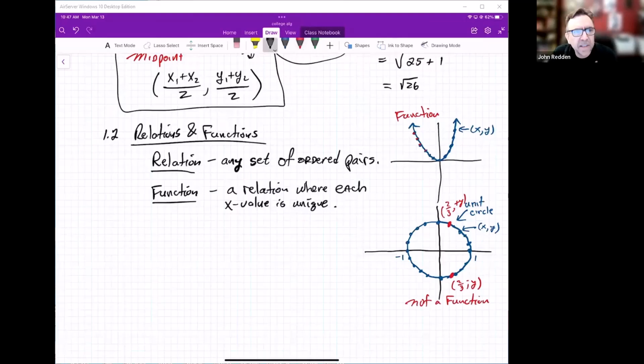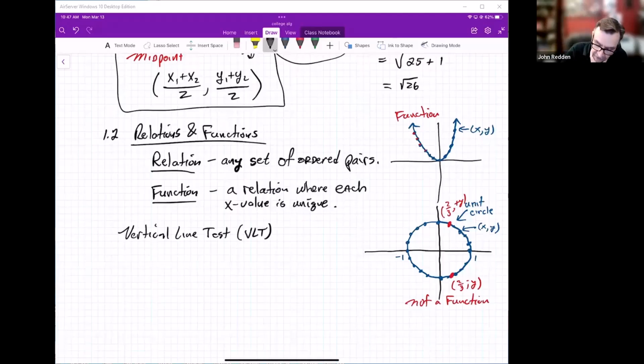Now, there's a really simple test called the vertical line test. You can abbreviate that to VLT. So the vertical line test is a test to see if a graph or a relation is a function.